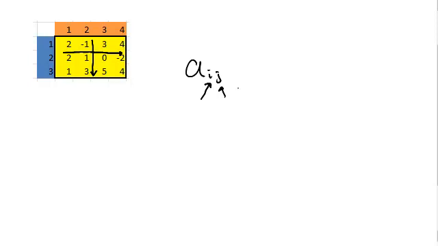The dimension of this matrix is 3 by 4. Again, we begin with the rows and follow that with the number of columns. Exactly the same order for the elements is the row, comma, the column. So always in matrix algebra, rows before columns.